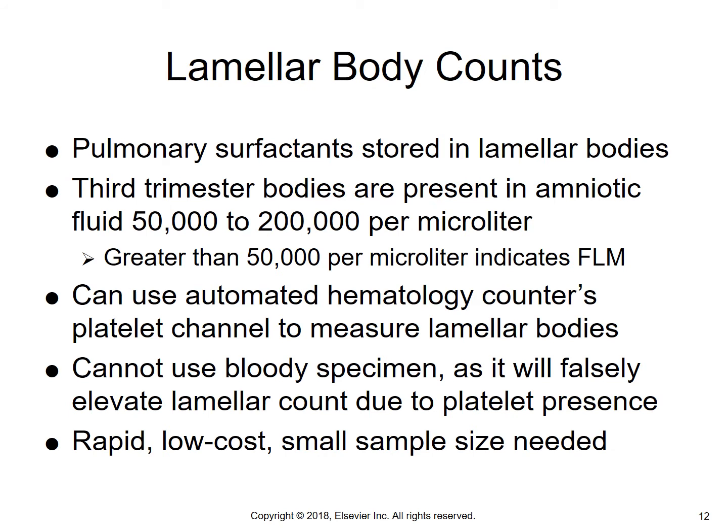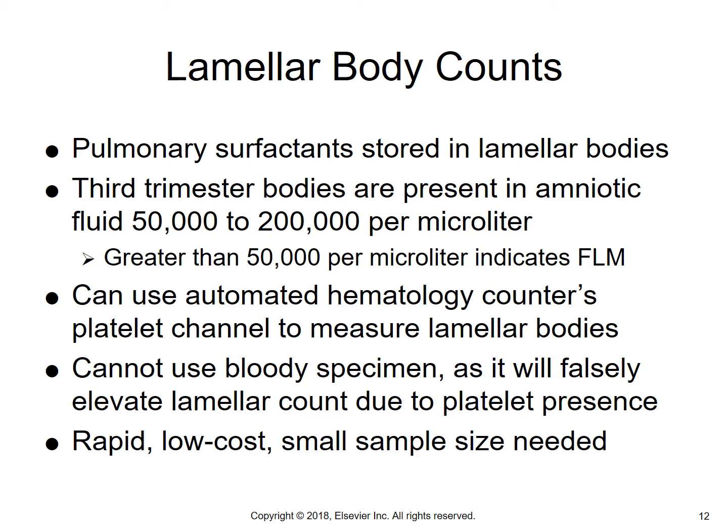Lamellar body counts can also be used as another test for fetal lung maturity. The pulmonary surfactants are stored in lamellar bodies, so the secretion of these bodies into the lumen of the alveolus begins at about 20 weeks gestation.